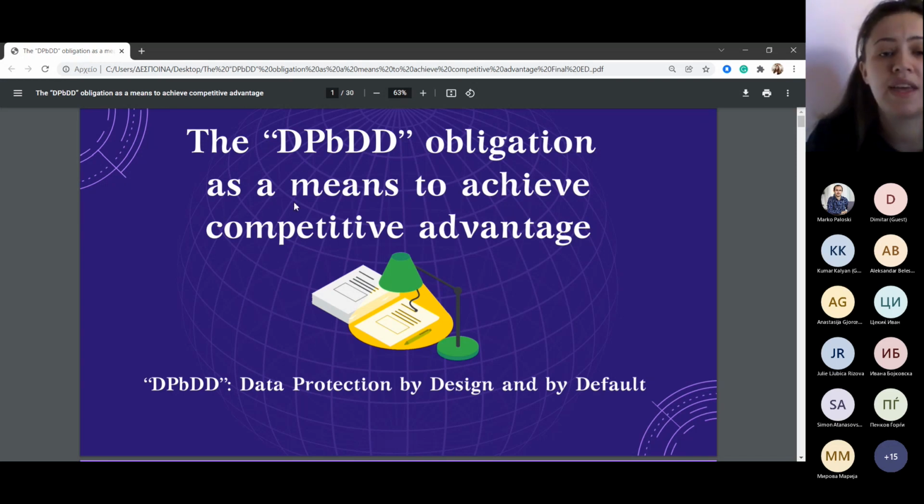So data protection by design and by default is an obligation that serves as a means to achieve competitive advantage for companies and for whoever enters into a processing operation.